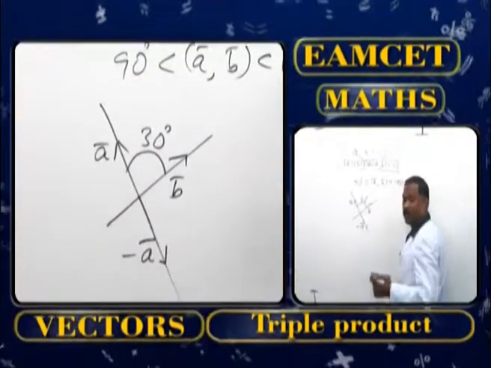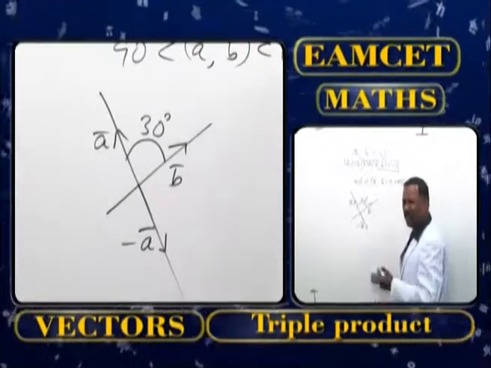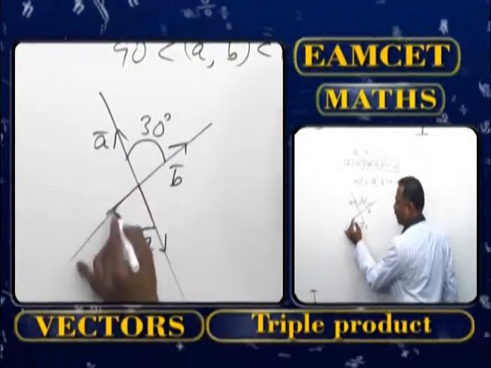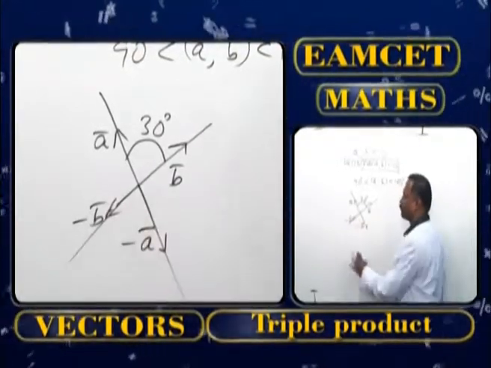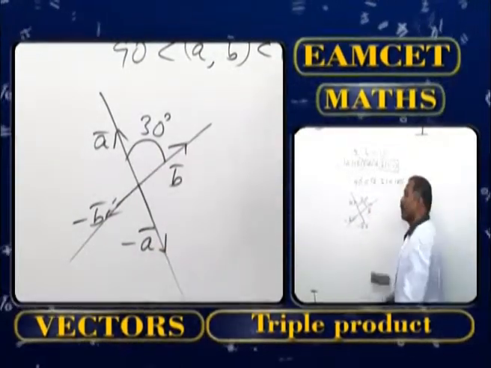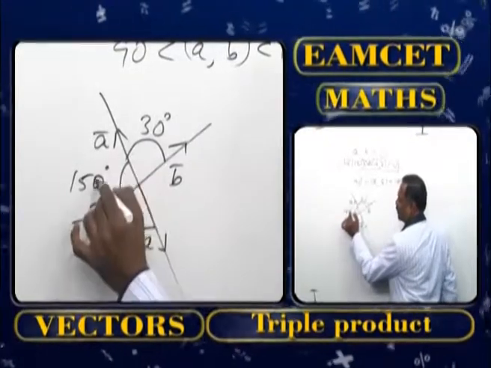So the angle between minus A bar and B bar is needed, or A bar and minus B bar is needed. Whatever it is, not a problem. Minus B bar is taken this side. You want the angle between this or between this, then what happens? It is 180 minus 30. It should be 150 degrees, please.